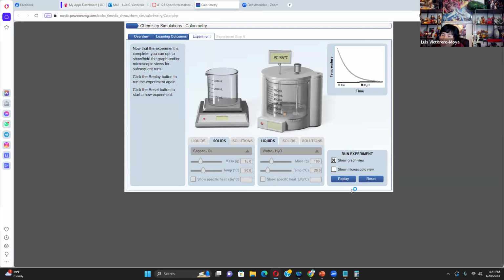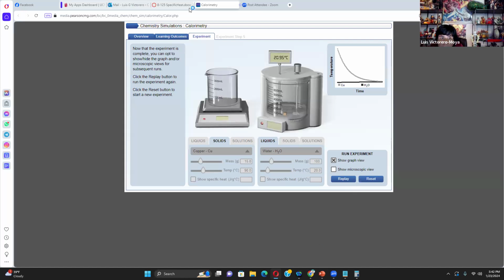So as you can see, it only went up by 0.95 degrees Celsius. So the copper lost a lot, or its temperature decreased a lot, but the Q gain is equal to the Q loss. How come? Because the specific heat capacity of copper is, again, much less than the one of water.